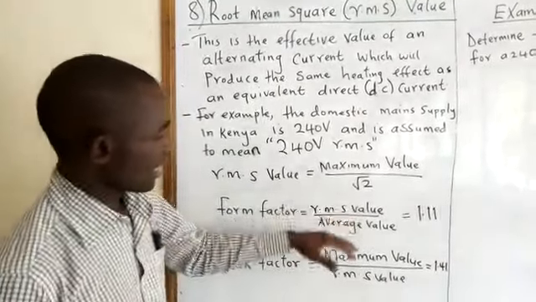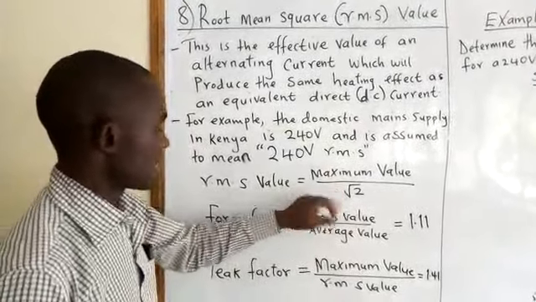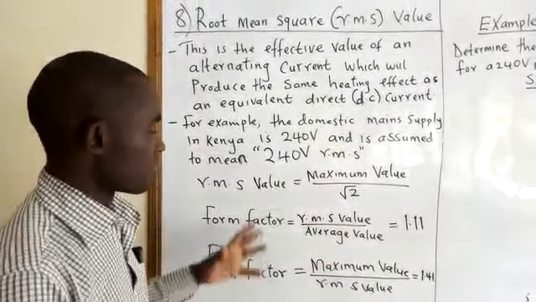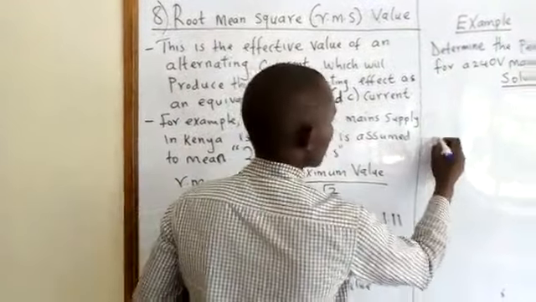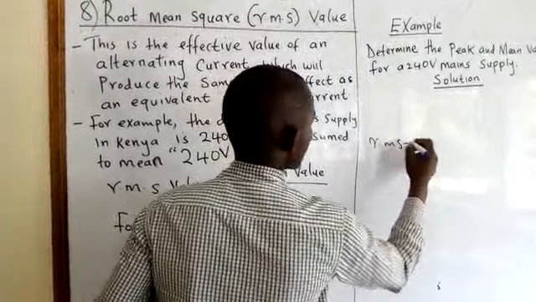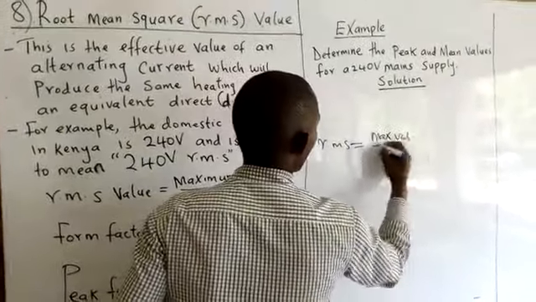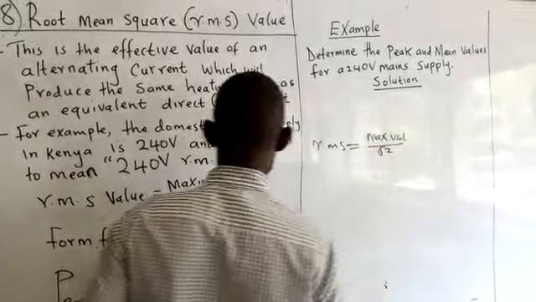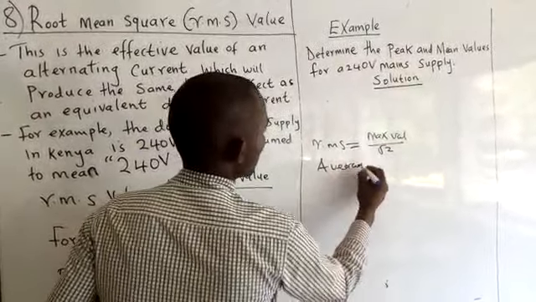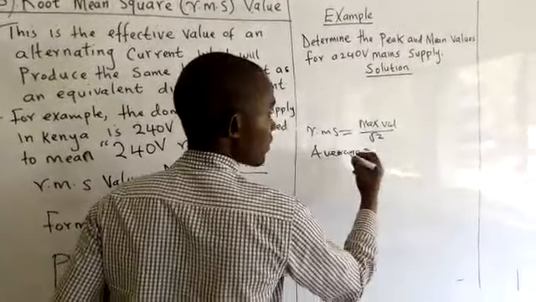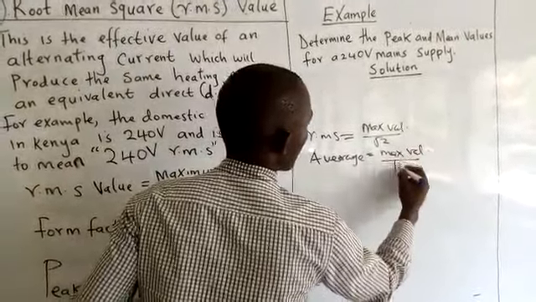And if you look at this one, the RMS value is the same as maximum value all over root 2. And then we know the average is equal to maximum value divided by pi over 2.